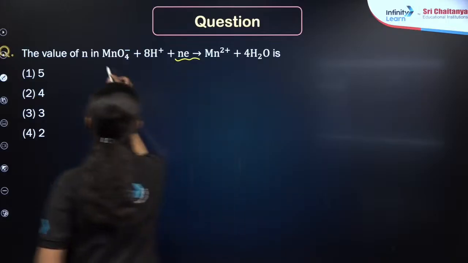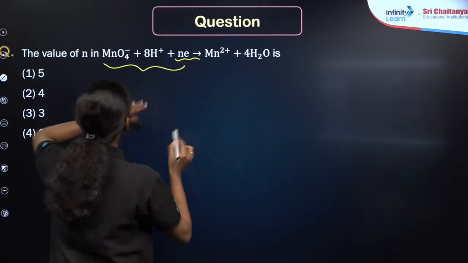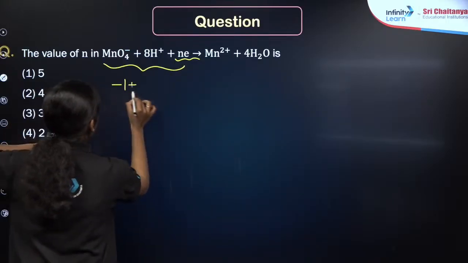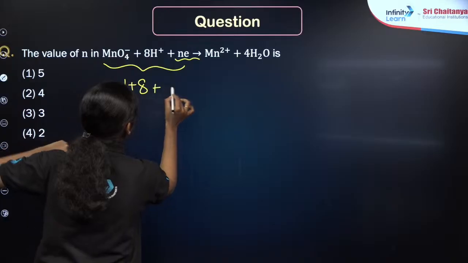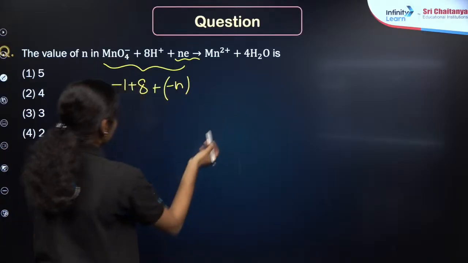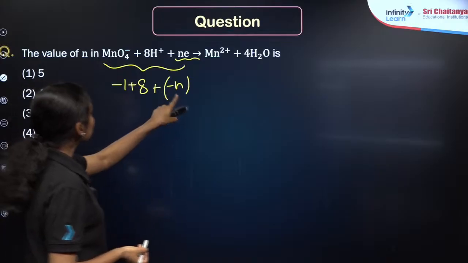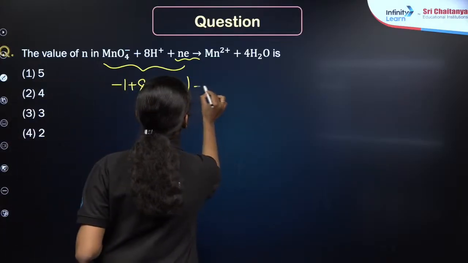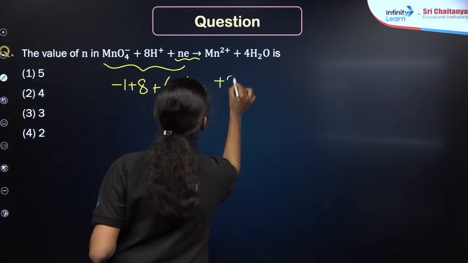Again, you have to find out the charge here. The total charge is minus 1 plus 8, plus minus n, right? Electron having charge of minus 1. If n electrons are there, it is equal to minus n. That is equal to plus 2, right?